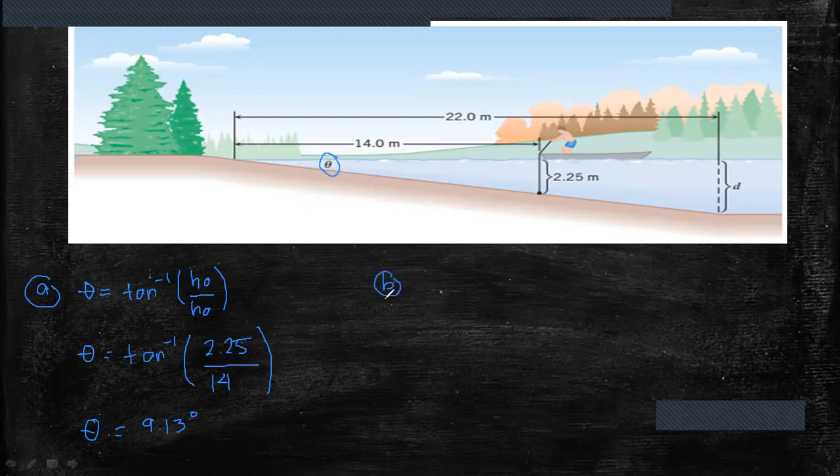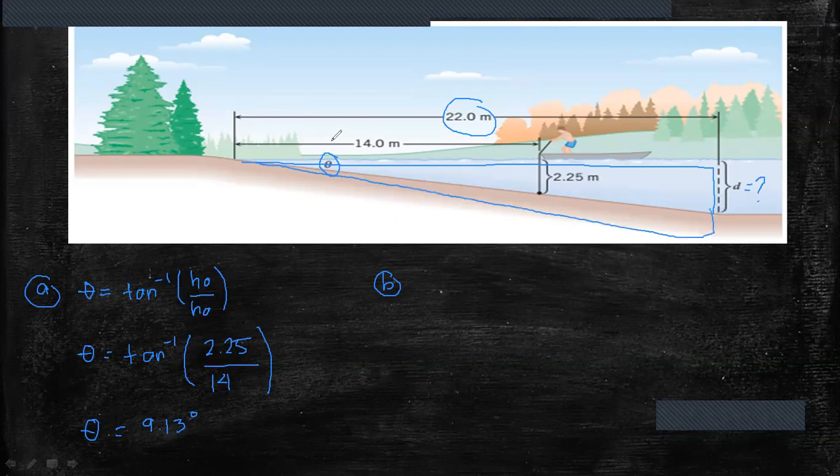Letter B. We have to look for the value of d, which is 22 meters from the shore. Considering this right triangle, with our reference angle theta, which is 9.13 degrees, we can solve for d using the tangent function, which is equal to the opposite side over the adjacent side.